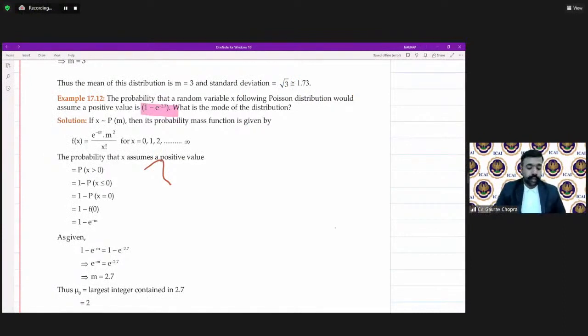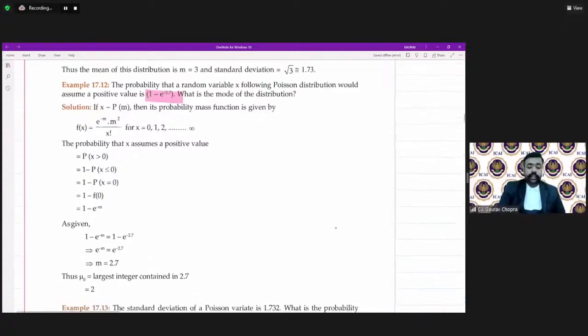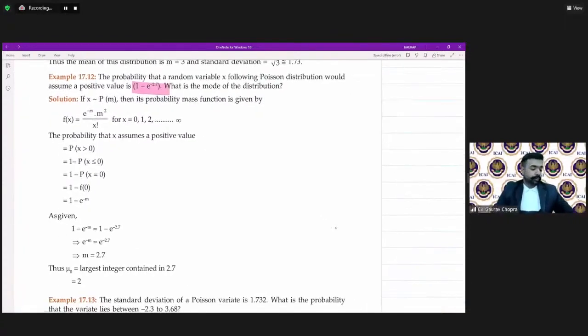Yes, guys. Sorry for the interruption. So we were discussing the probability that the given result is 1 minus e to the power of minus 2.7. This is the given thing. And now what is the formula?